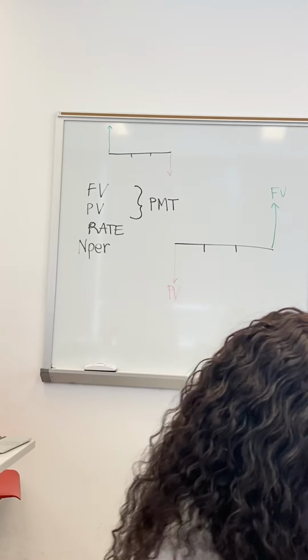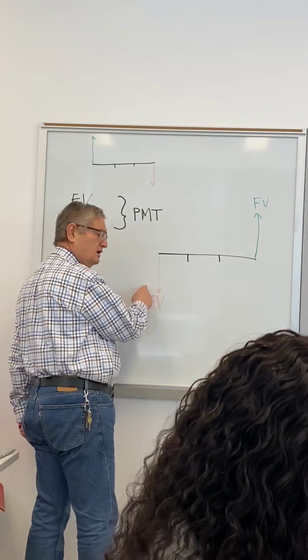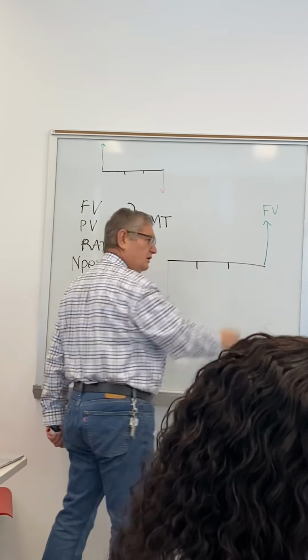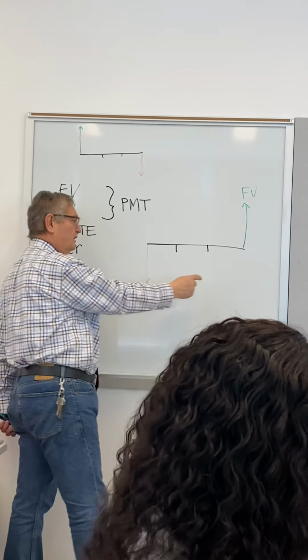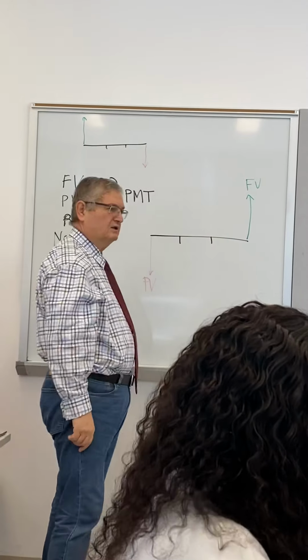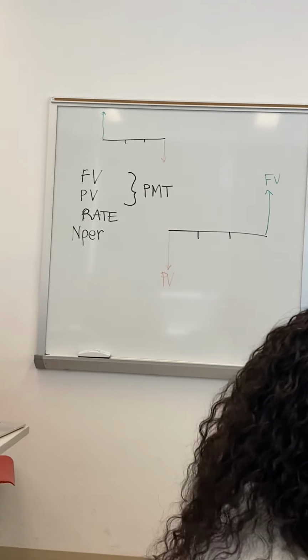I give Nadia $100, and after 3 years she gives me $100. I give Jaylin $100, and after 3 years he gives me $120. And I would say it's a fair game.